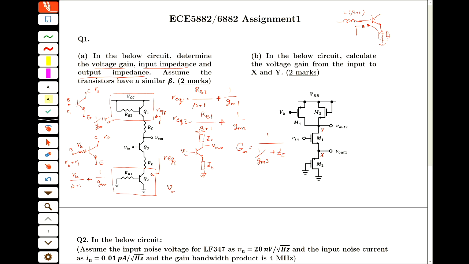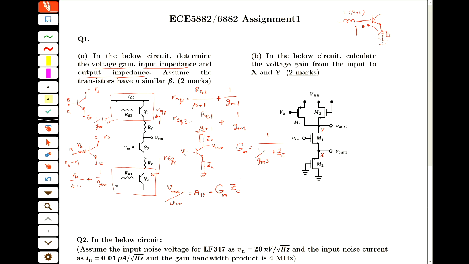V out over V in, or AV, equals big GM multiplied by your resistance in the collector, which I call ZC, and it's negative. And this ZC is also your R out. It asks what the output impedance is.